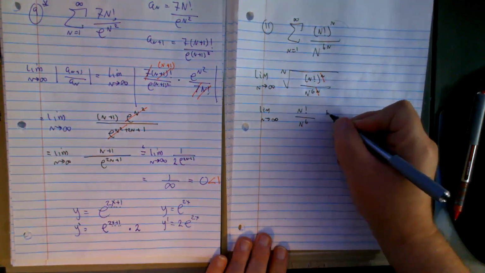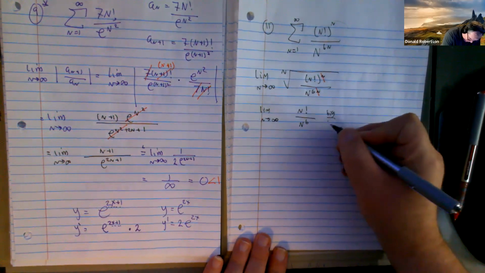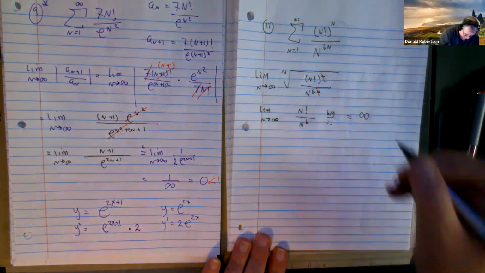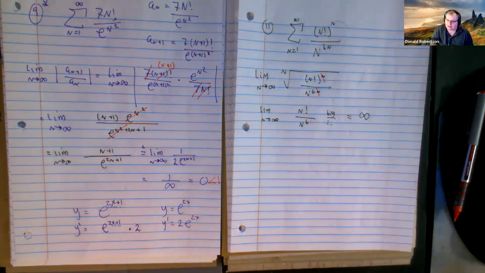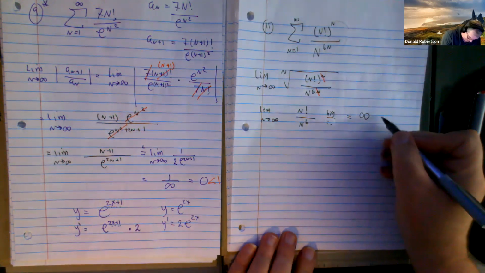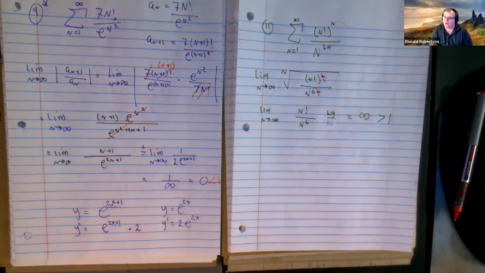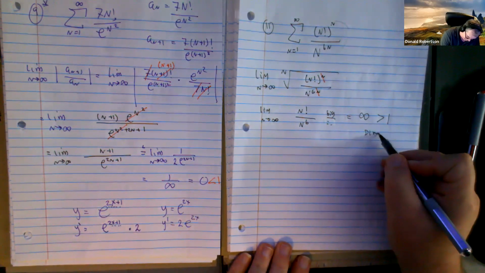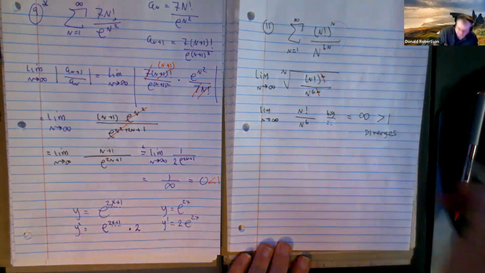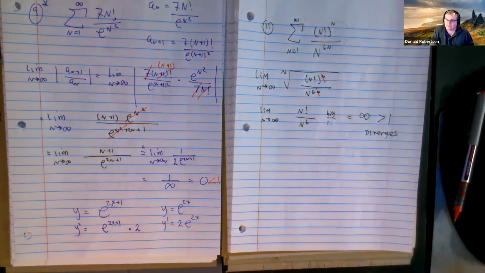Right. And if the big guy is on top, which it is here, doesn't that make the limit infinite? And would you agree infinite is, heck yes, bigger than 1, so it diverges. Are we comfortable with that one?